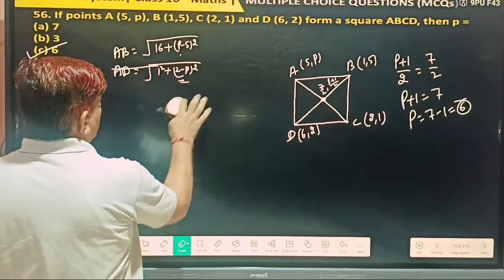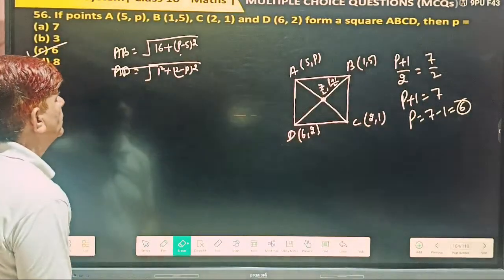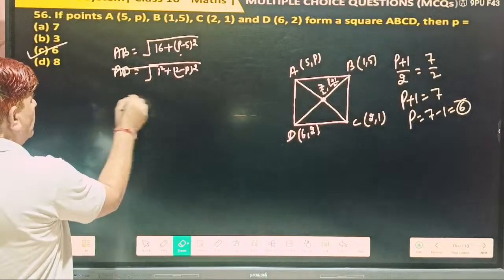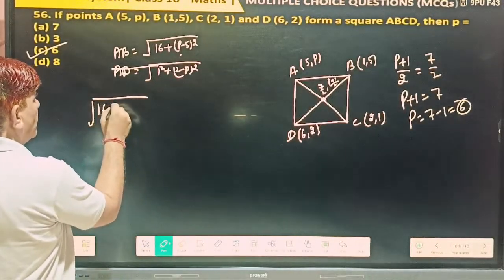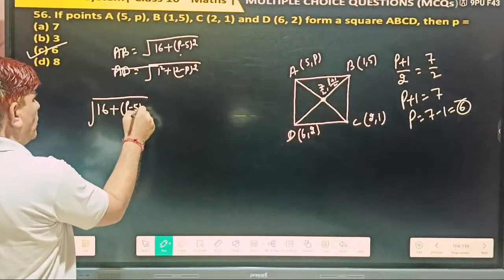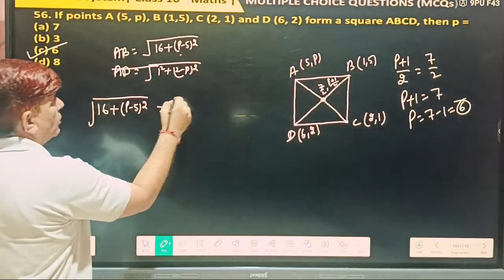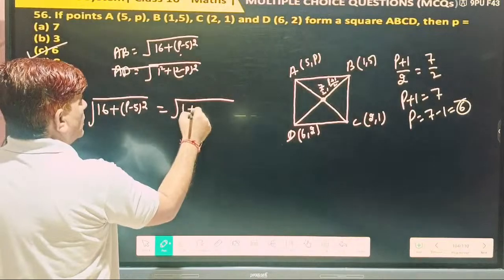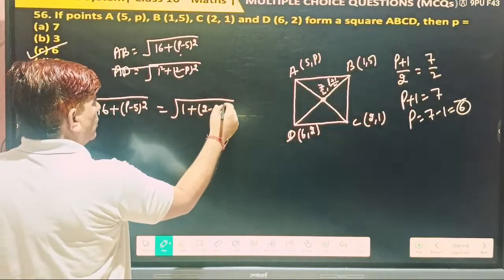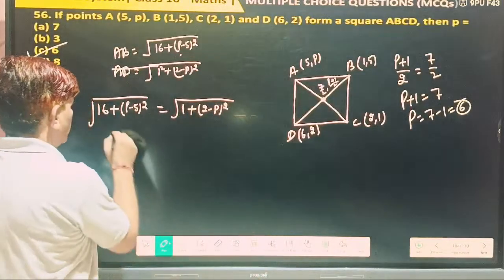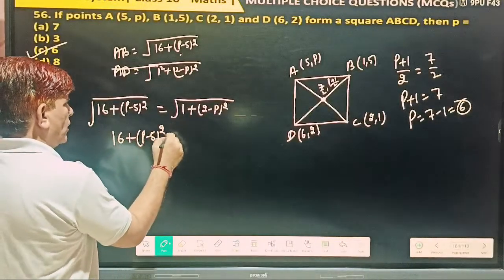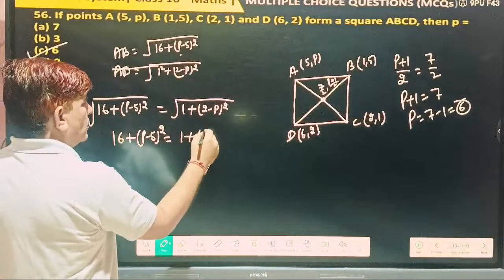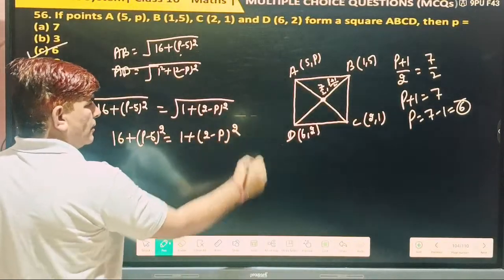We can compare this like this, or not? Yes. Both are equal. So under root 16 plus P minus 5 whole square is equal to 1 plus 2 minus P whole square.